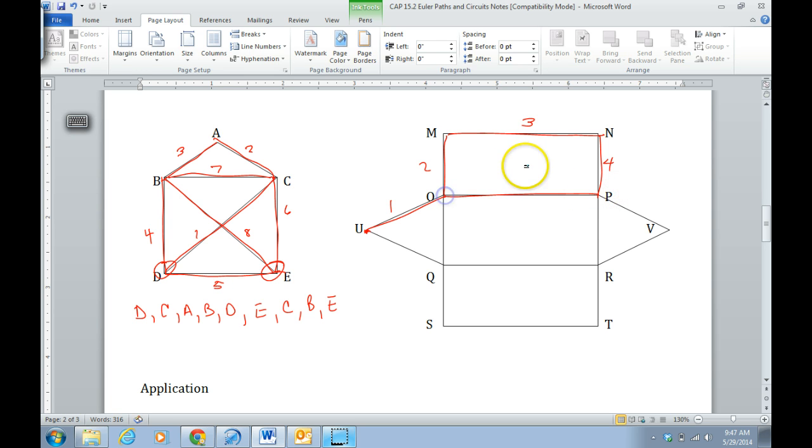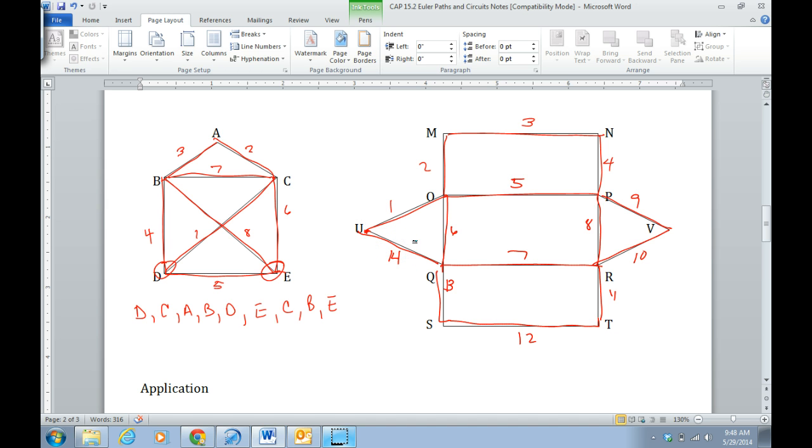Okay, so we'll do 5. 6. Now we don't want to go back to U already. We got to end with that one. 7. 8. 9. 10. 11. 12. 13. And then back to U again. That's 14.